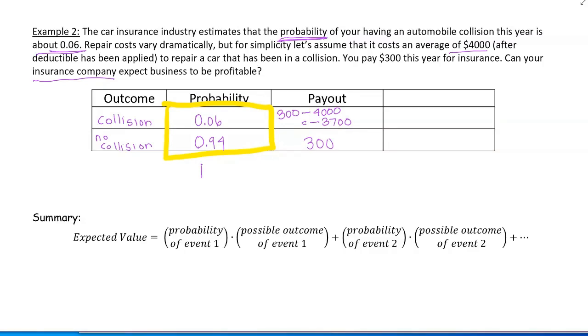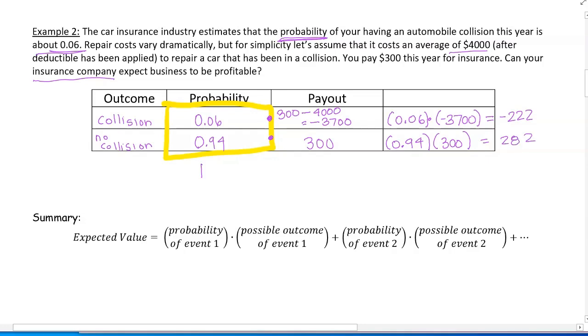Now we can find the expected value. So we'll multiply the probability times the payout for each of these rows. So the first row will be 0.06 times negative 3,700. This is negative 222. And the second row will be 0.94 times 300. This will be 282.